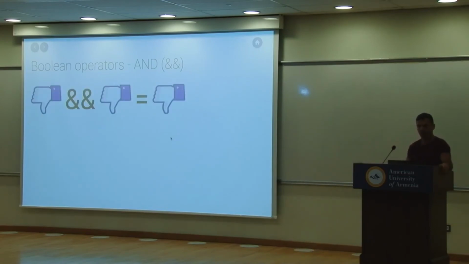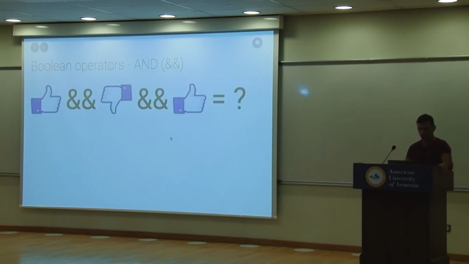Okay, as I mentioned, if both sides are false, the result is false. I think that's also okay, right? What about this? What do you think? Okay, everyone's saying false. So first let's do this one, because we go left to right. What is the result of this? It is false, right? So then false and true is false, right? So the result of this would be false, right?